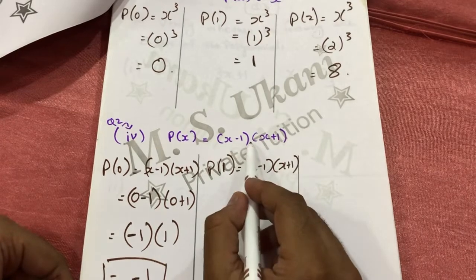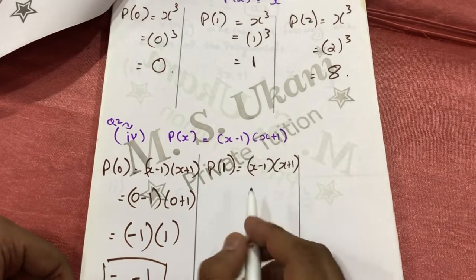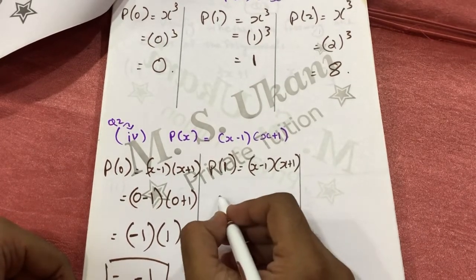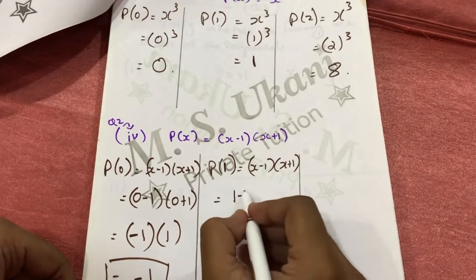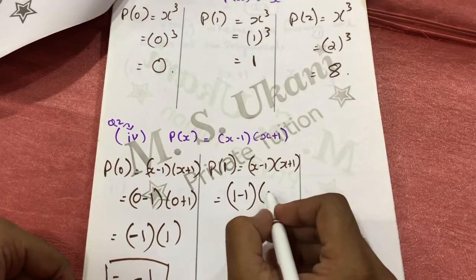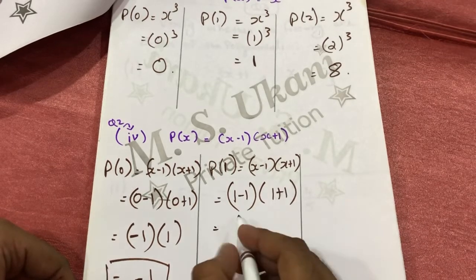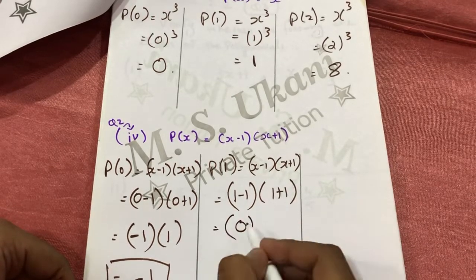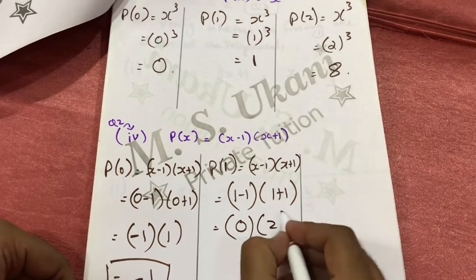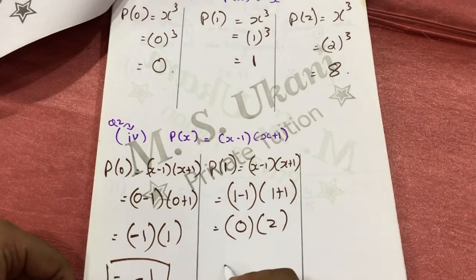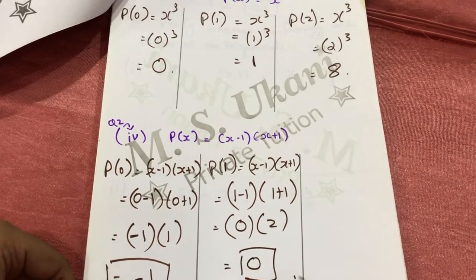When there is no sign between the brackets, it means multiplication. So here (1 minus 1) and (1 plus 1). 1 minus 1 means 0, multiplied by 1 plus 1, 2, and 2 multiplied by 0, our answer will be 0.